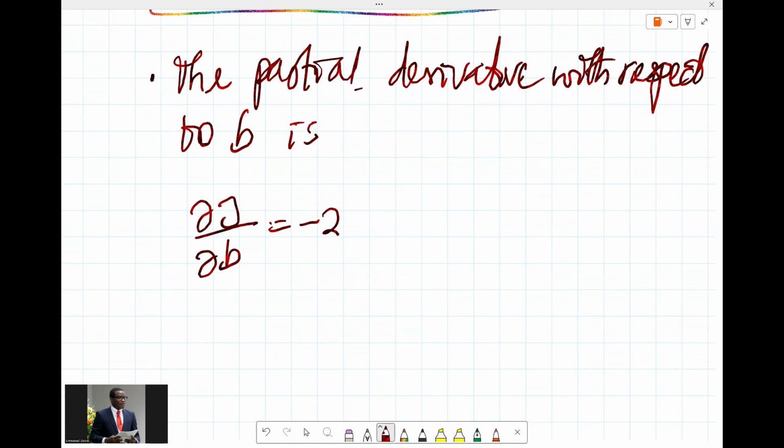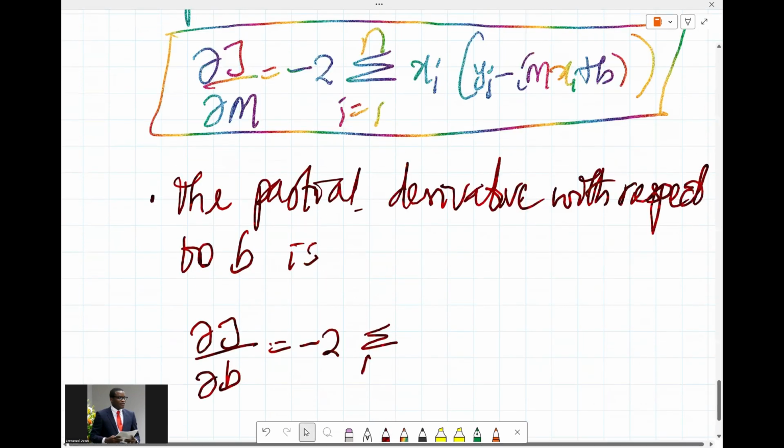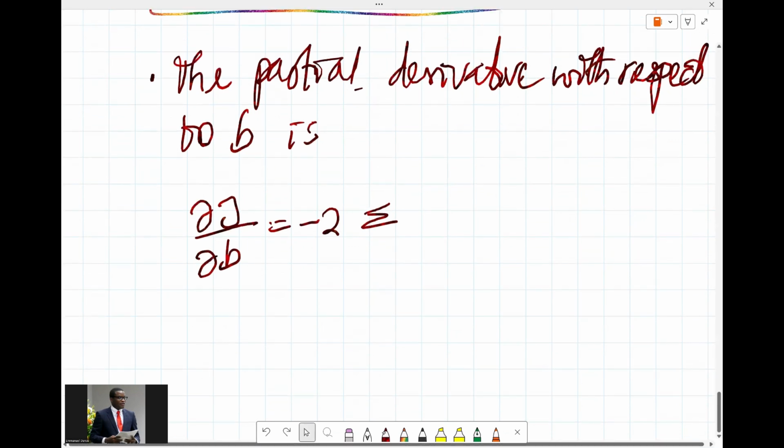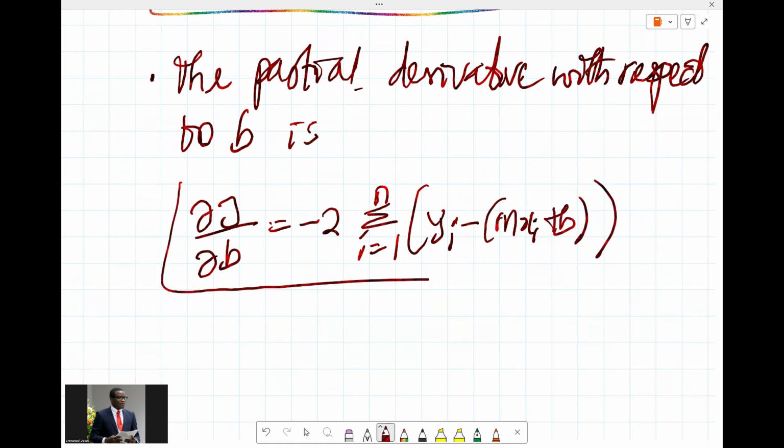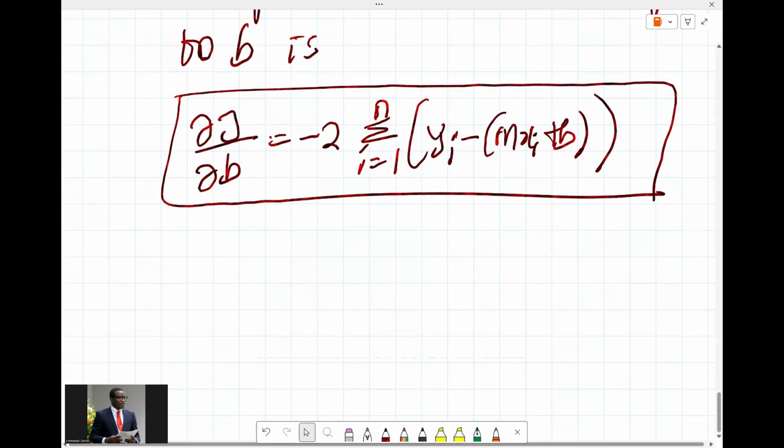So the partial J, partial b is minus 2 summation from i equals 1 to n of yi minus mxi plus b. And then the power is reduced to 1 again because we have differentiated like that.